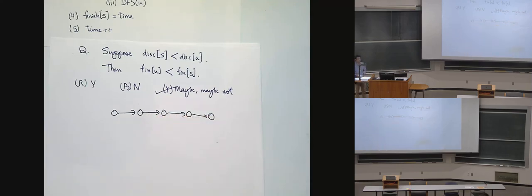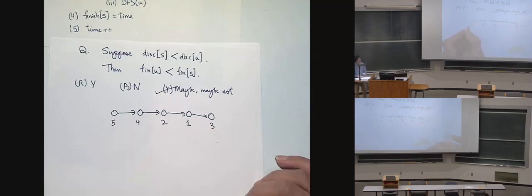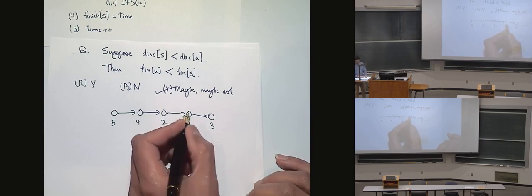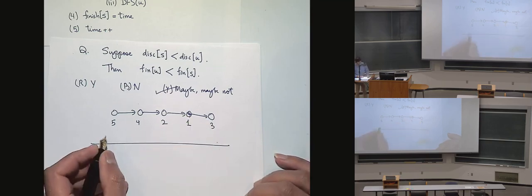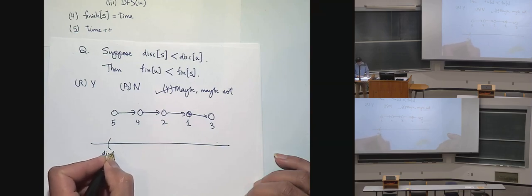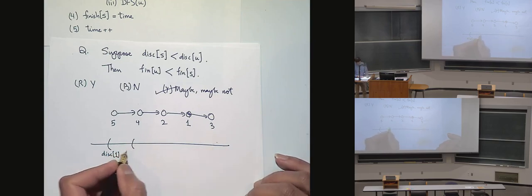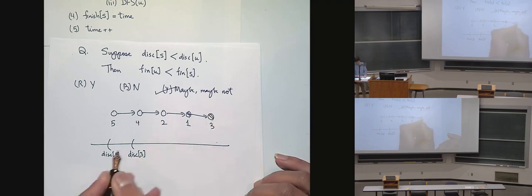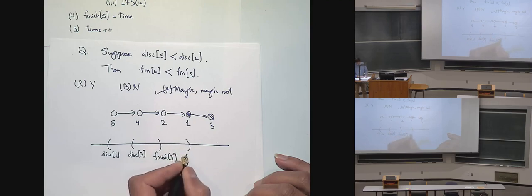But I'm going to number these vertices 1, 2, 3, 4, 5. So what's going to happen, you're going to start at 1. You're going to discover 1, so I'm just going to draw time over here. So this is going to be the discovery of 1. Then you're going to discover 3. 3 is going to finish. Then you're going to finish 1.